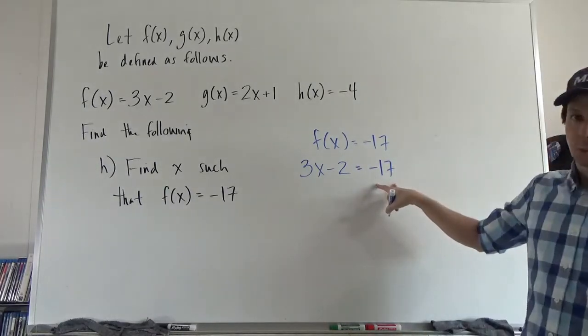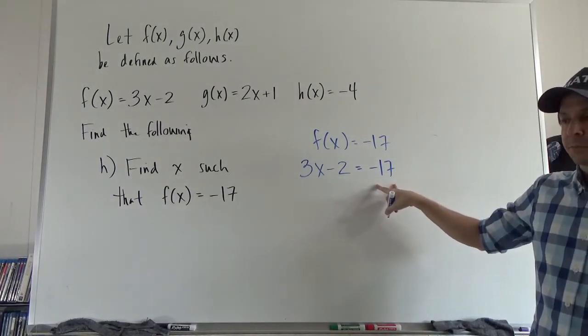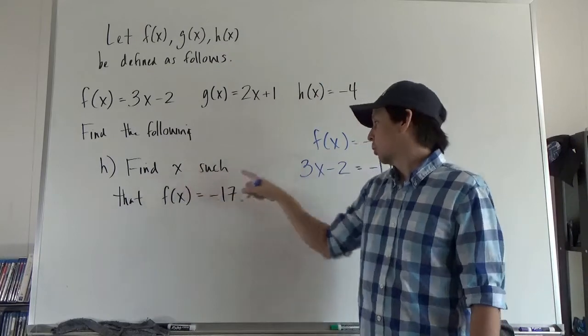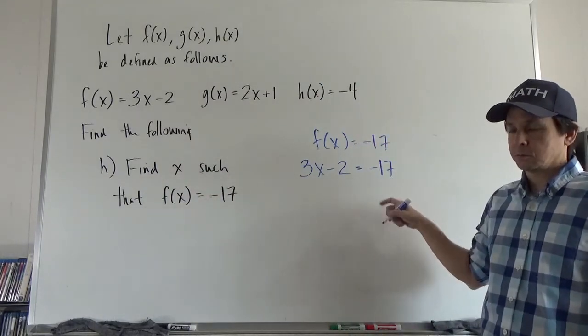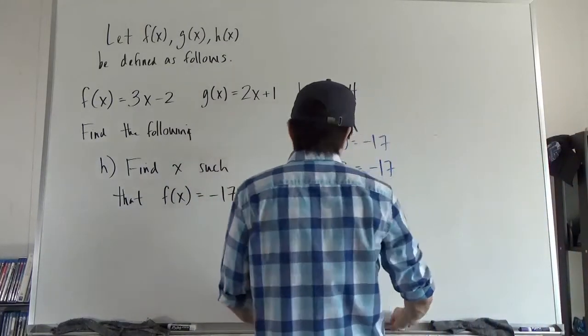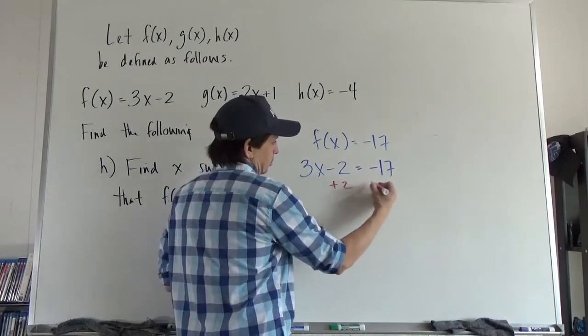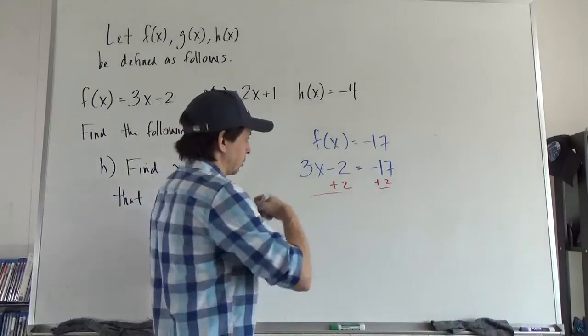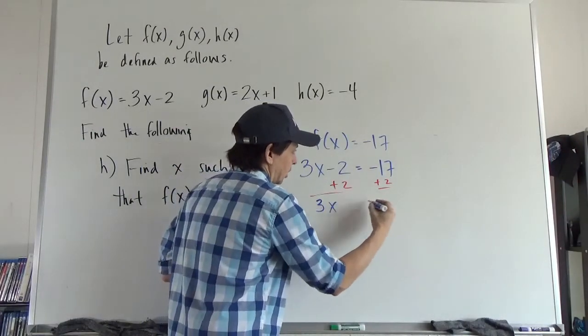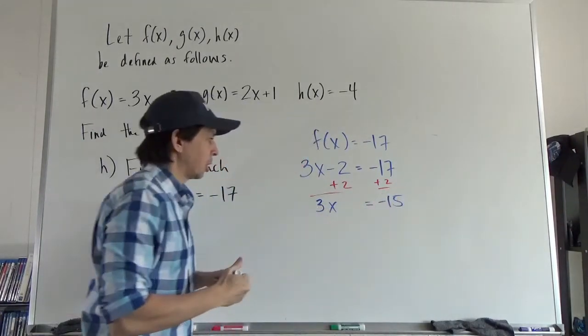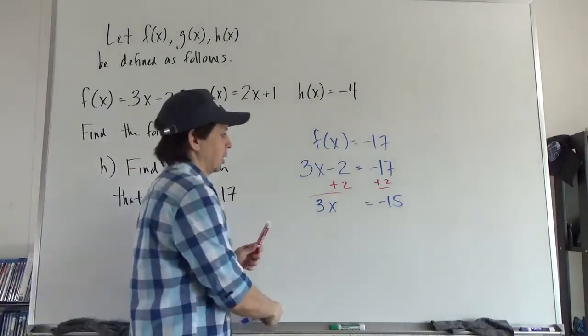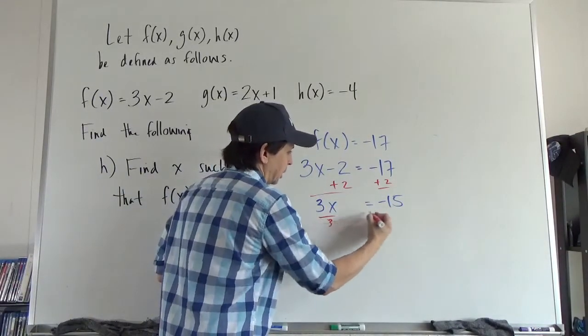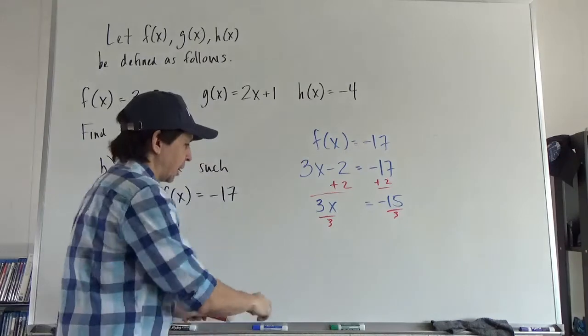We know the output we want is negative 17, and now we're finding the x that makes this true. I'm going to solve it rather quickly. It's the same thing we've done many times now. You add 2 to both sides, you watch your signs, you divide by 3, and you've got x equals negative 5.